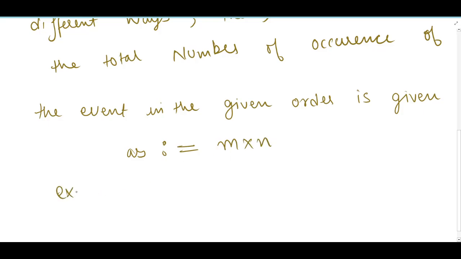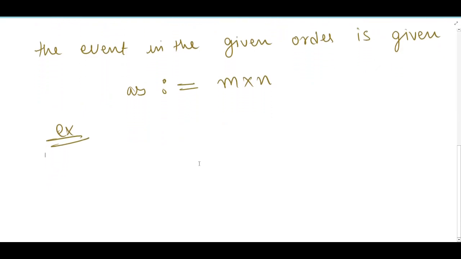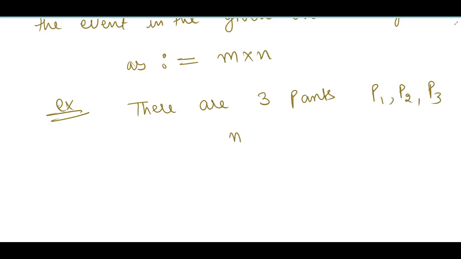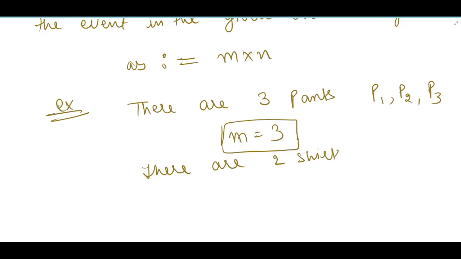For example, there are three pens, P1, P2 and P3. So here we can say m equal to 3, and if there are two shirts, S1 and S2, then we can say n equal to 2.